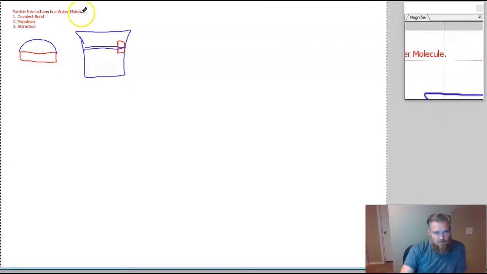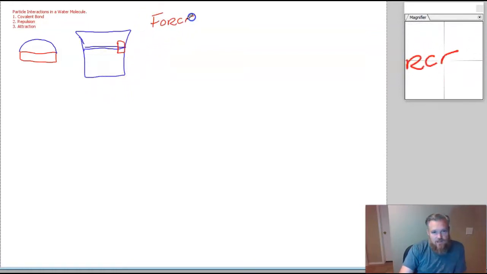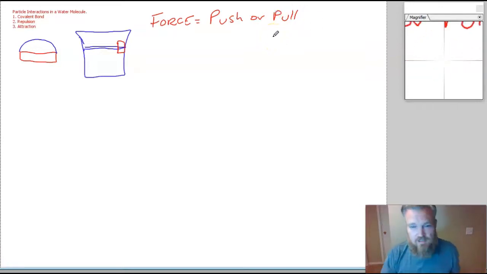So first thing is we need to probably define what a force is, right? And in physics, you should have learned that a force is a push or a pull on an object. So if we can push an object, then we're applying force to it.